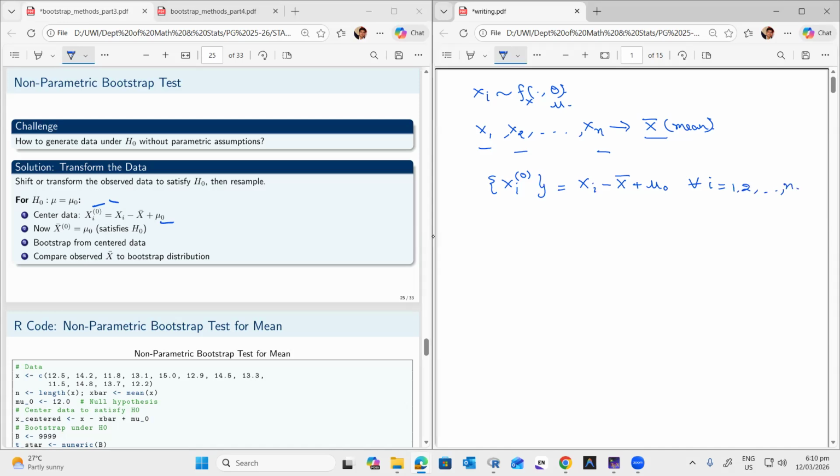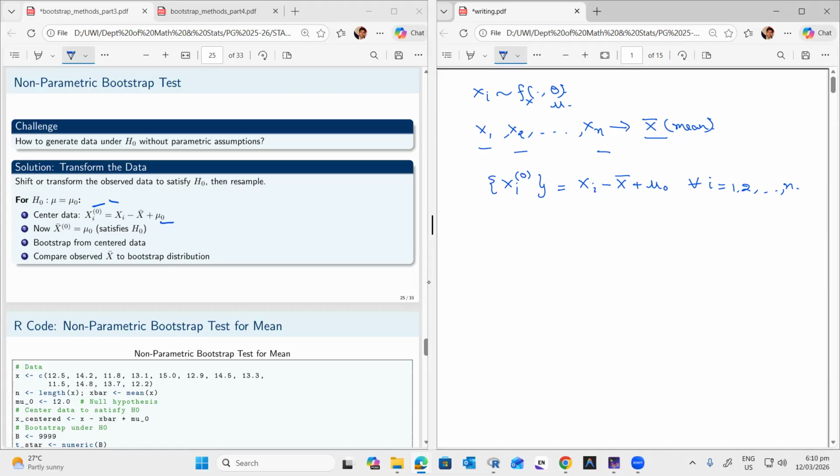This transformed data will be our best non-parametric estimate of the population under the H naught.